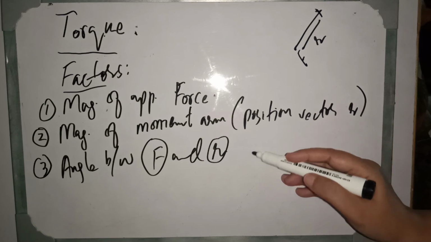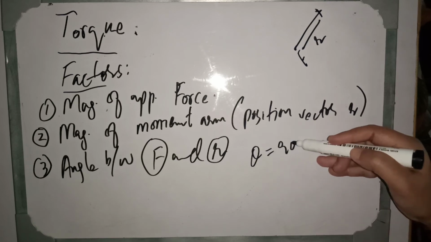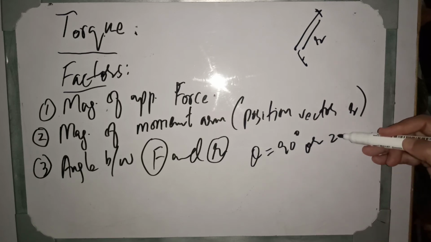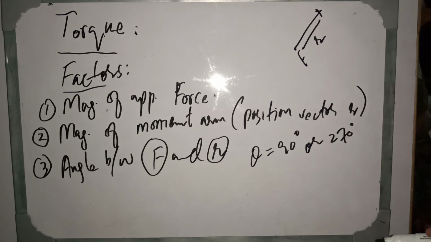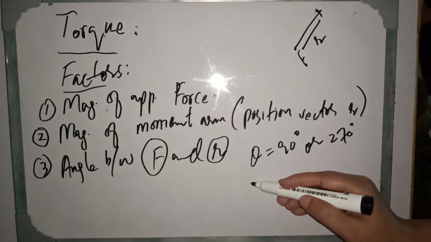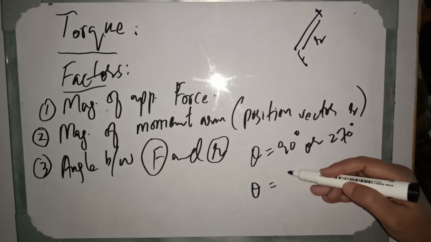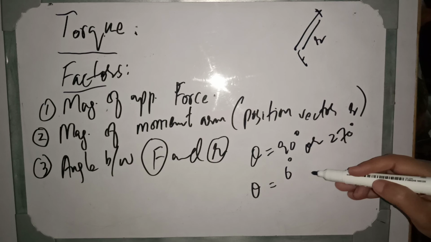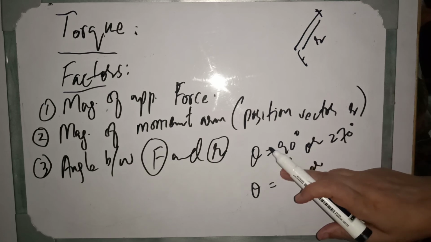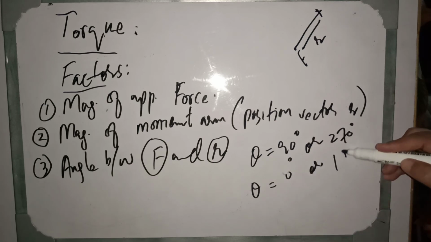So if theta is 90 degrees or 270 degrees, torque will be maximum, whereas torque will be minimum or 0 when theta is equal to 0 degrees or 180 degrees, because these two are parallel cases.